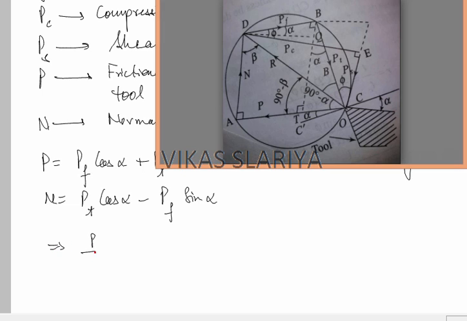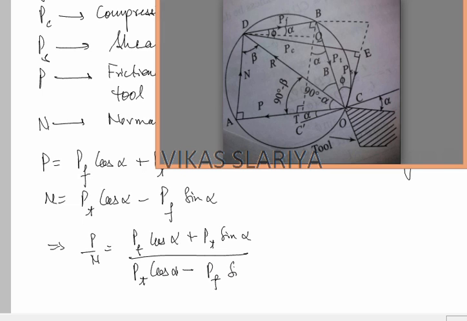So P by N comes to PF cos alpha plus PT sin alpha upon PT cos alpha minus PF sin alpha.